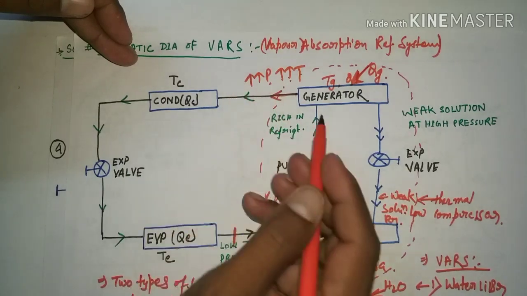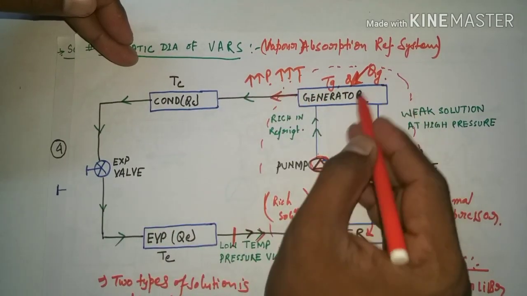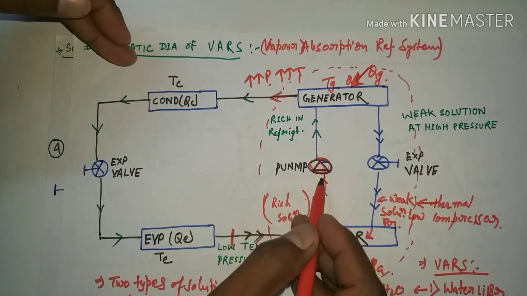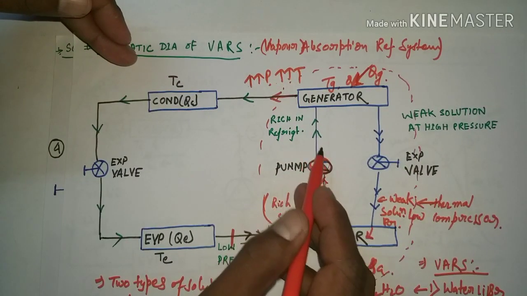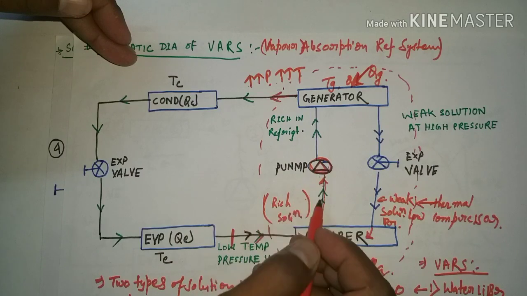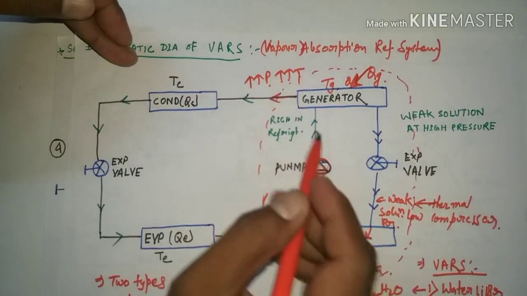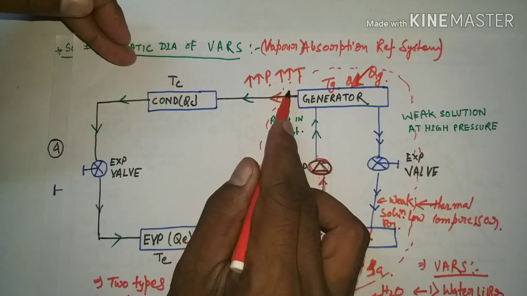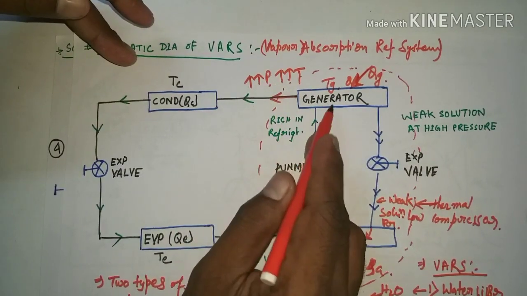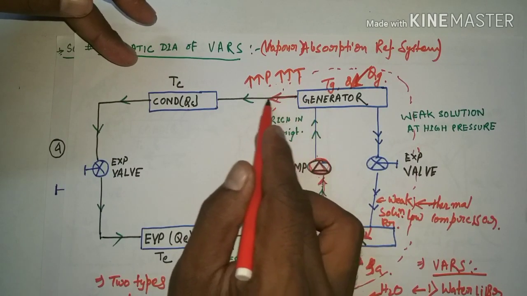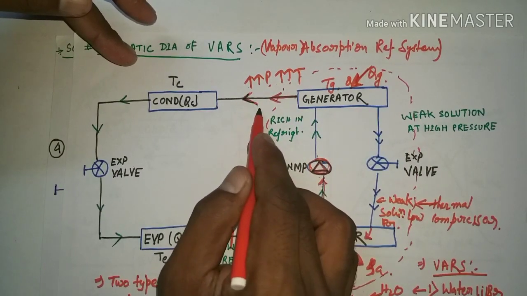Temperature increases due to the addition of heat in the generator, and pressure increases due to the pump. So due to this pump pressure is increased, and due to addition of heat temperature increases. Here, the high pressure, high temperature refrigerant just goes to the condenser.